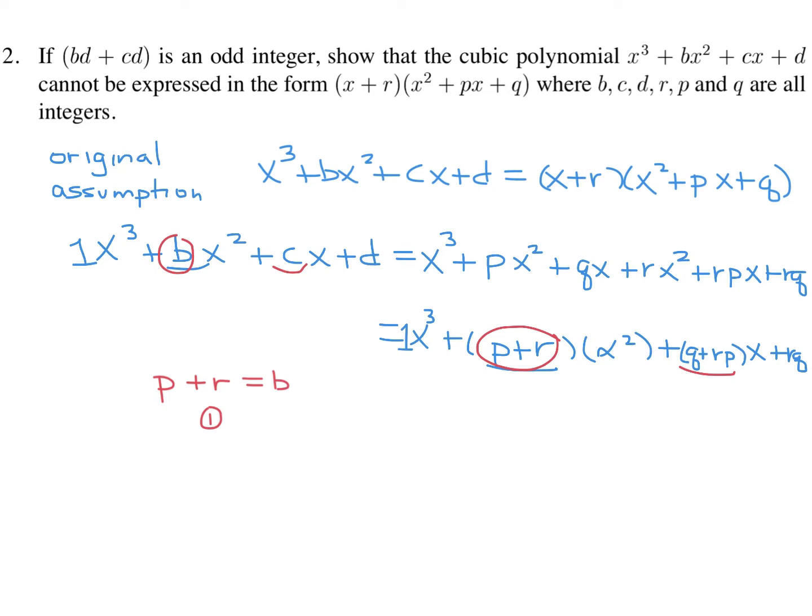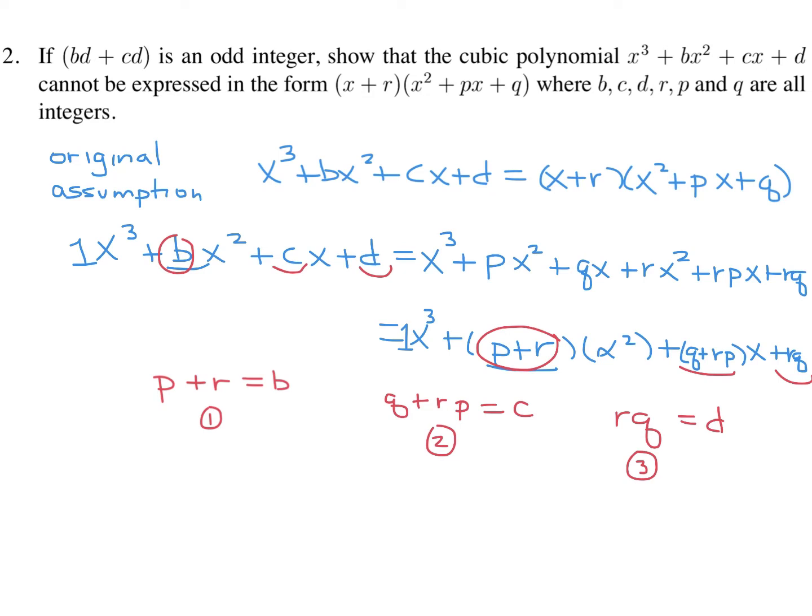So that means that q plus rp is equal to c. And then finally, this lone d is equal to that. So rq is equal to d. And that's our third equation. All right, so far, hopefully that isn't too complicated.